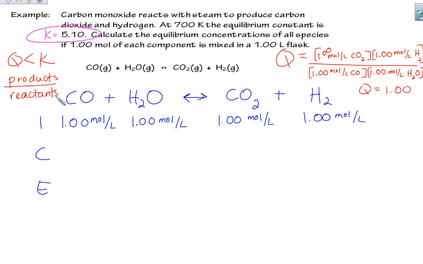Q is too small. So to reach the equilibrium constant, we need to make Q larger. How do we make Q larger? We need to favor the products. So if we favor the products, we're shifting this thing forward. We're going to shift forward.